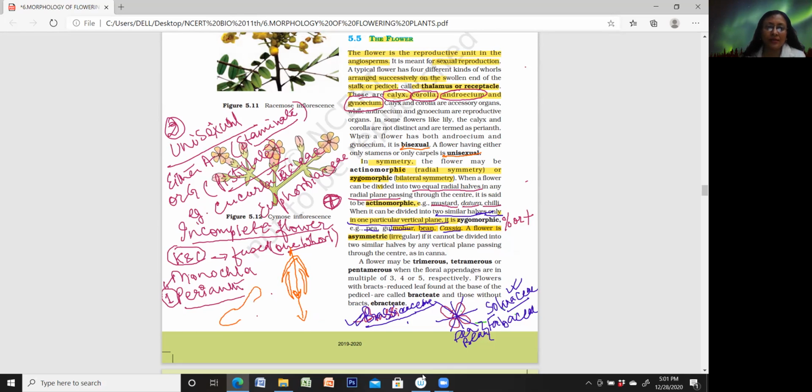Similarly, there are flowers like this. This is a different flower, a Salvia flower. Not mentioned here, but Salvia also is zygomorphic. It belongs to a family called Labiatae. So here you find that the flower will cut into equal halves like this. This is the only vertical plane where it will cut into equal halves.